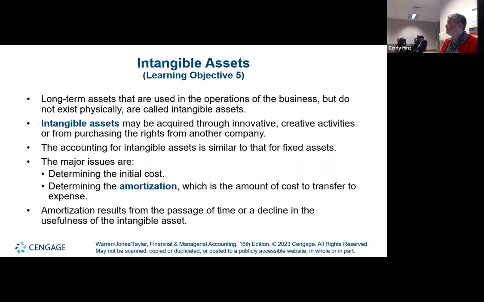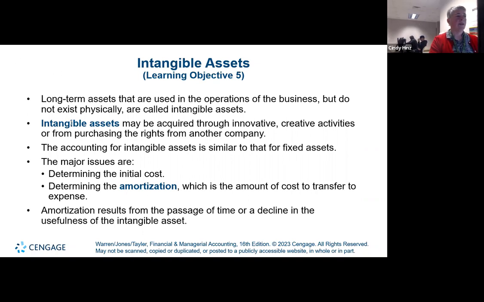So typical intangible assets that businesses might have include things like copyrights, trademarks, patents, franchises, goodwill, brand names. The development of an intangible asset is kind of complicated. So let me put this term on the screen here.